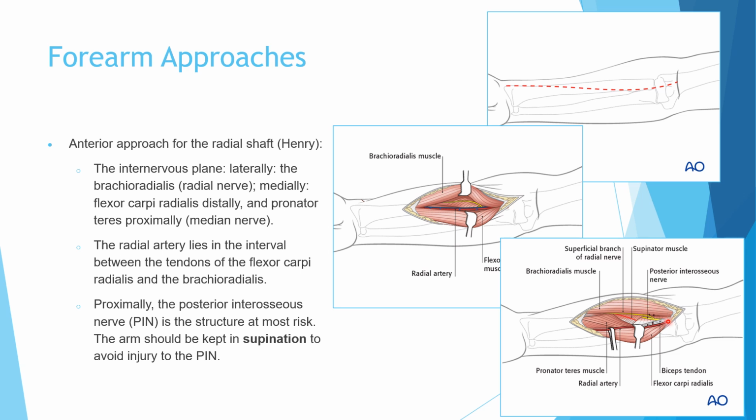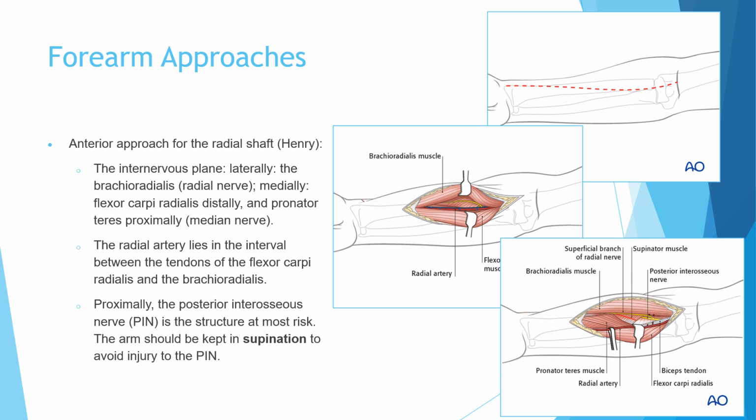The supinator covers the lateral part of the radial shaft. So what you need to do is always be on the medial side. If you're going to raise this muscle, you go from the medial side and raise it laterally with the nerve, and the forearm has to be supinated.